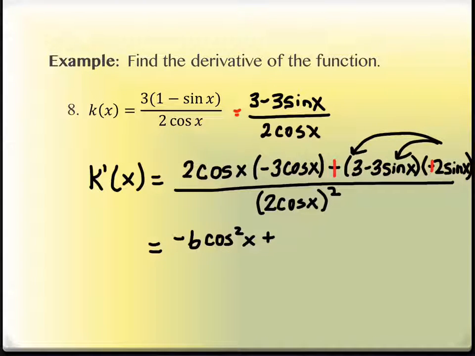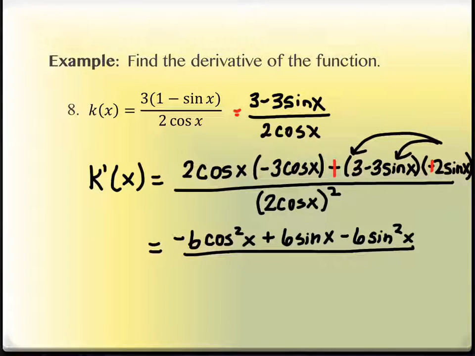So what is 2 sine x times 3? 6 sine of x. And then I've got the negative 3 sine x times the 2 sine x, which gives me negative 6 sine squared of x. And then this is over, like we mentioned, 4 cosine squared of x.